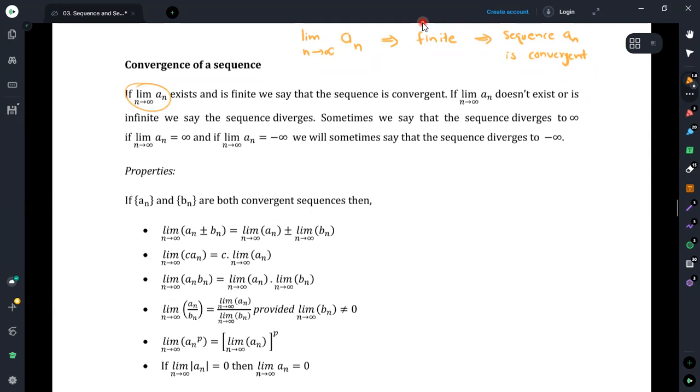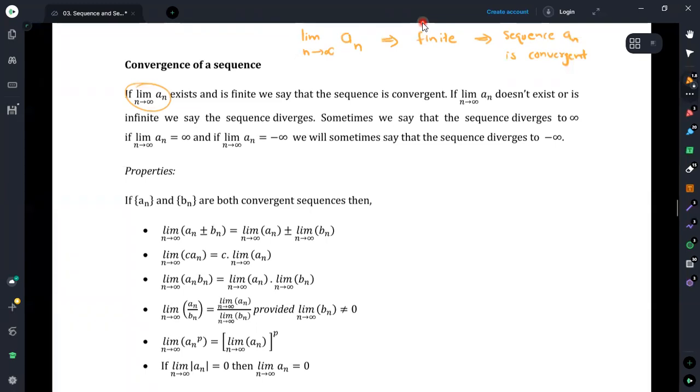But in the other situation, if it is not a finite value or does not exist, then we can say that the sequence is not convergent, in the sense that it is divergent. In some scenarios, as n goes to infinity, the sequence does not go to a finite value, or at one time it gives a positive value, but for the next value it gives a negative value, like plus infinity and minus infinity.